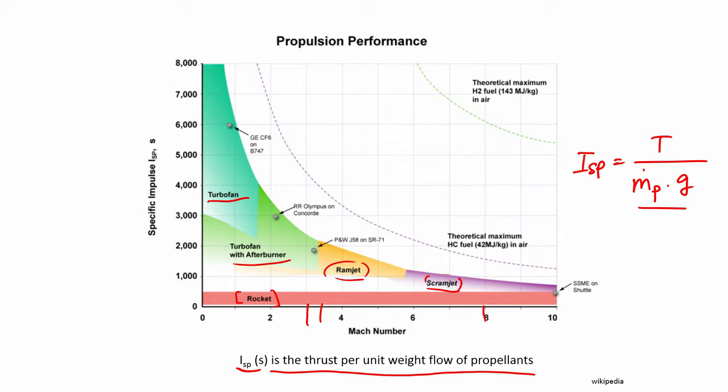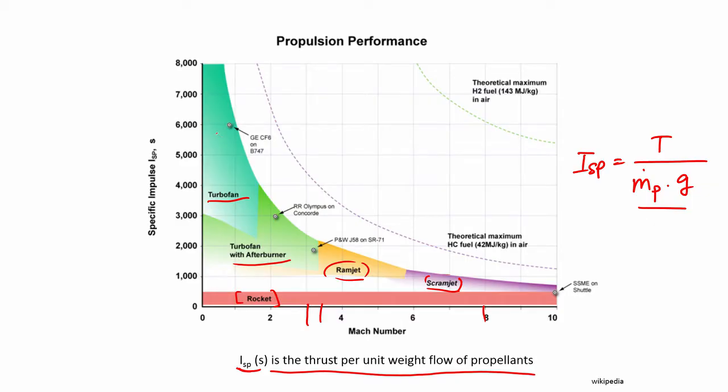As you go to higher and higher altitudes, if you have to design an engine which goes out of the atmosphere, then of course you need to carry the oxidizer. So the ISP of that kind of combined cycle scramjet will approach that of the rocket.